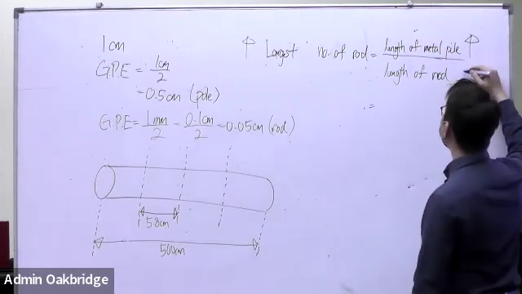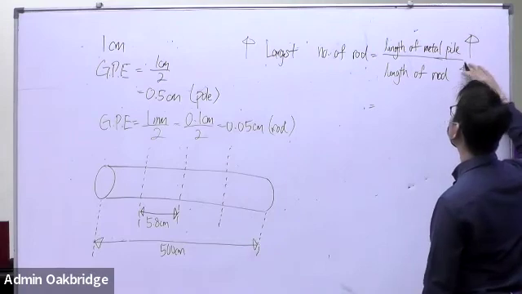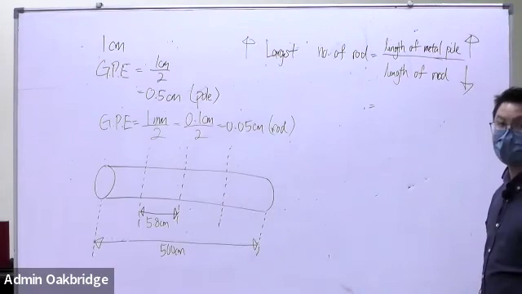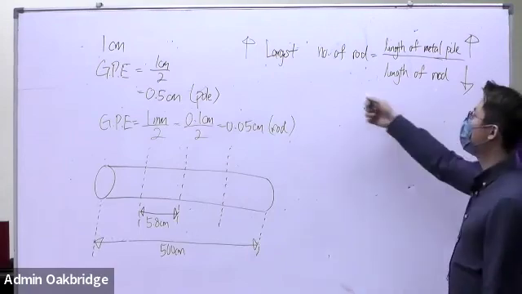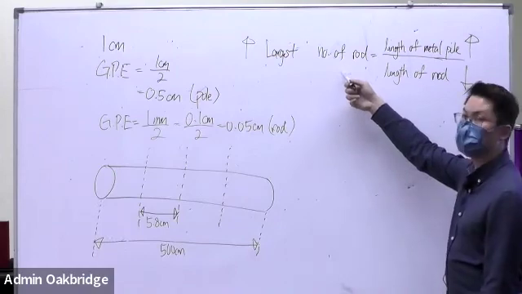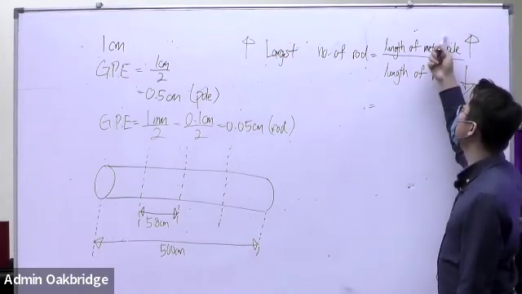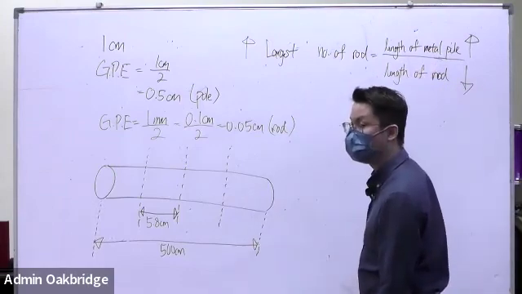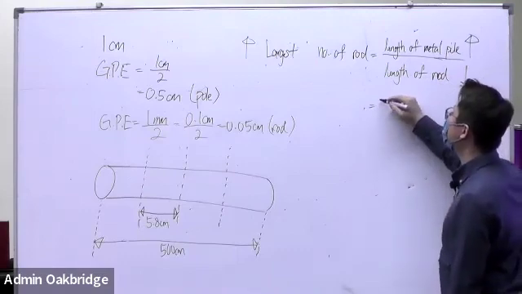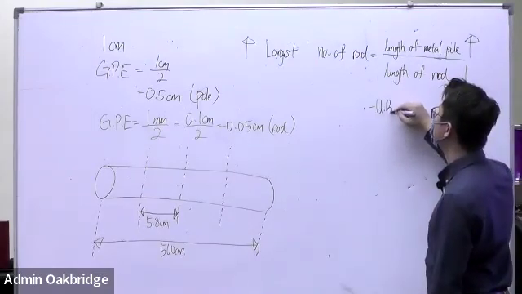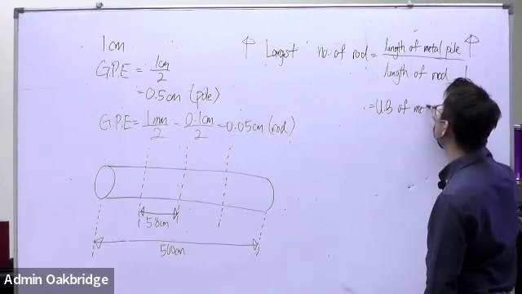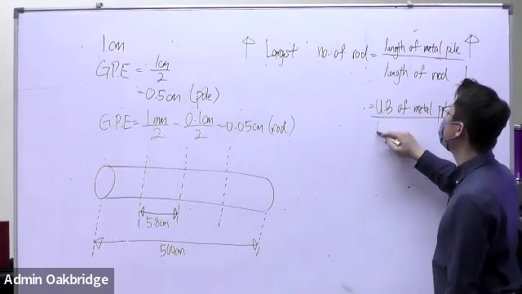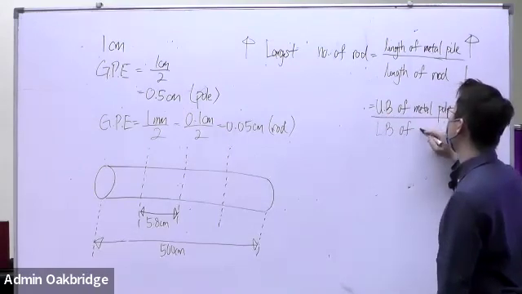And then how about the denominator? Is it largest also? No. It must be lowest. Make sense or not? Lowest the denominator, largest the quotient of the division. If the numerator is larger, the quotient of the division is larger. So you need to get the upper bound of the metal pole length divided by lower bound of the root.